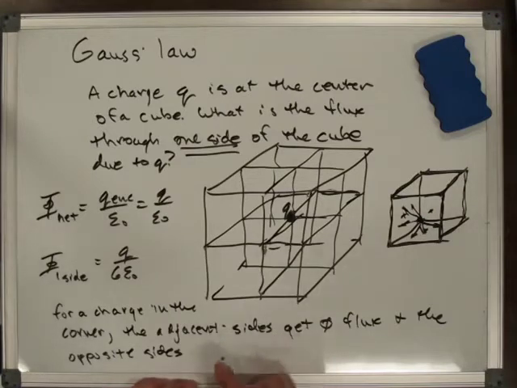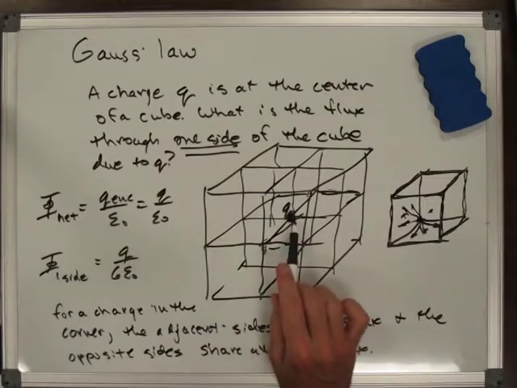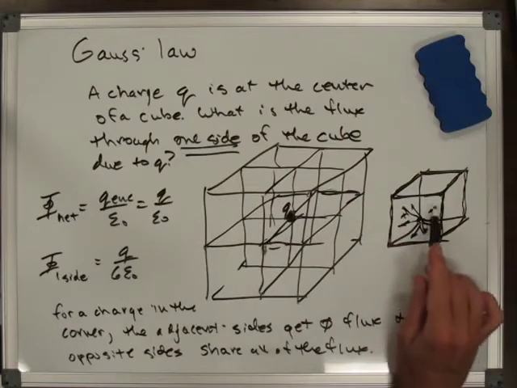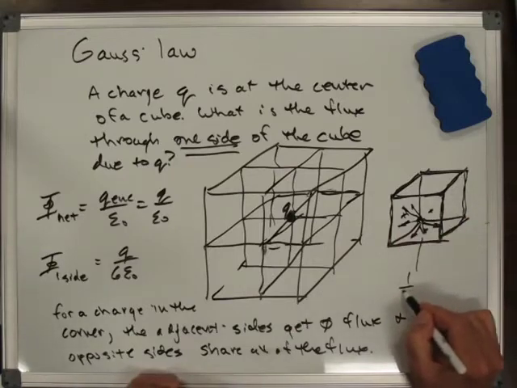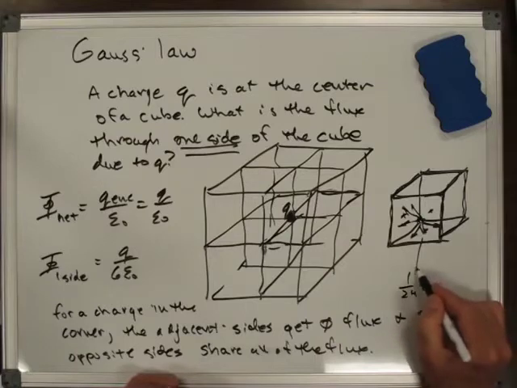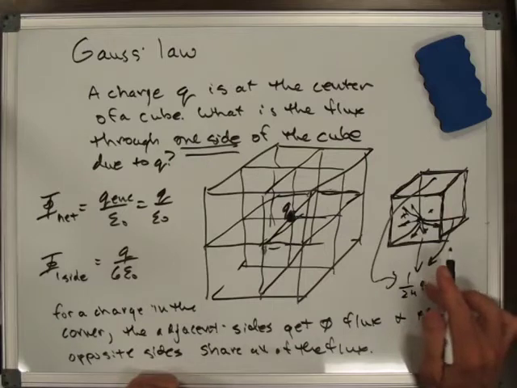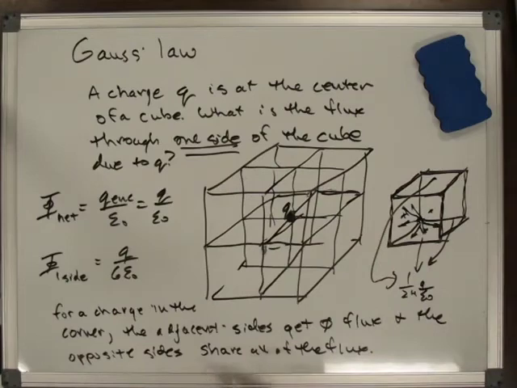So if the charge at the center of this guy is Q, that means the charge in the corner of this box is 1/8 Q, and each one of these opposite sides gets 1/3 of that, so each one of these opposite sides gets 1/24 Q. Sorry, Q over epsilon naught for flux.